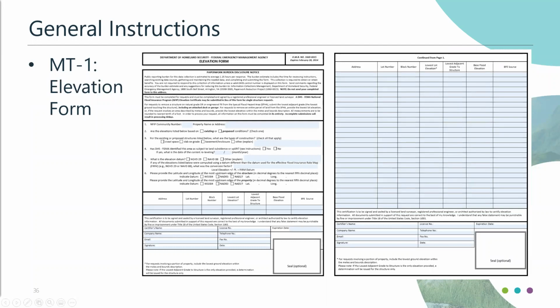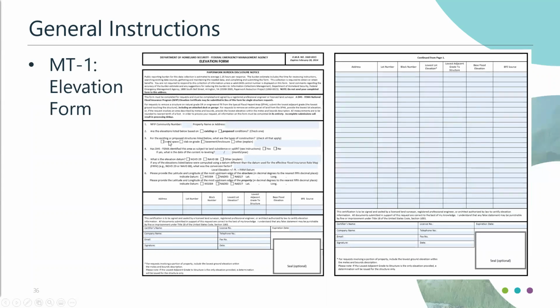The MT1 elevation form is another one. It's very similar to what you saw on the MT2 application, but there is some additional information to fill out here. Are the elevations listed below existing or proposed? If you're doing a conditional, then obviously you would select proposed here.